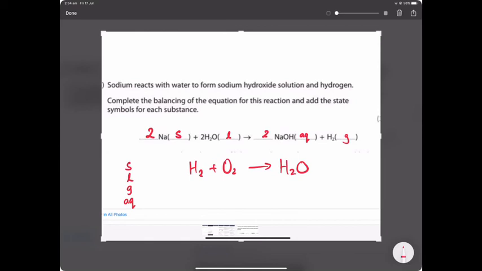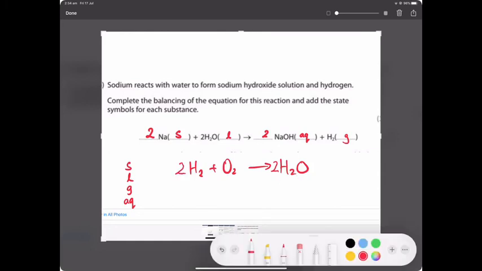So balancing, first of all, 2 hydrogens on the left, 2 on the right, 2 oxygens here, so we need 2 on the right, and that's now upset the balance of hydrogens, giving 4 hydrogens here, so we need 4 here. So what times 2 is 4? 2. So the 2 goes there.